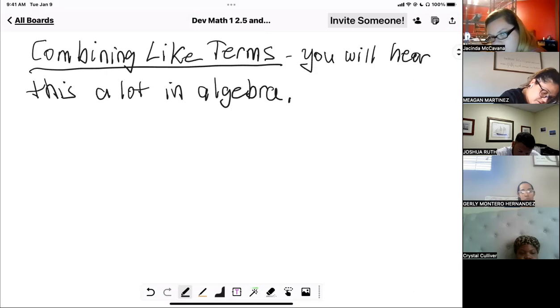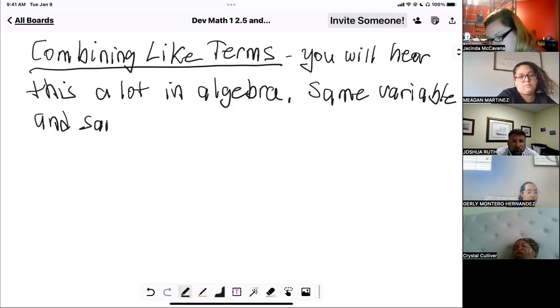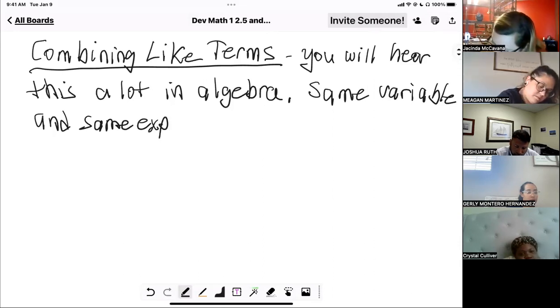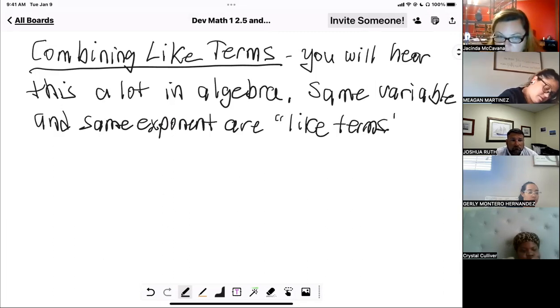A like term would be the same variable and the same exponent. I've got a few examples for you too.